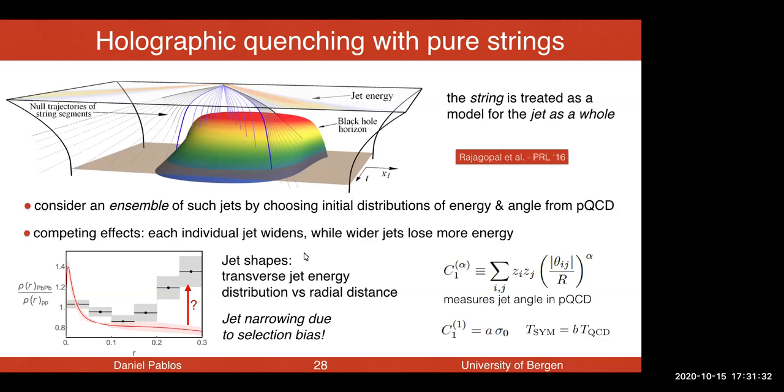But the wide jet is kind of pointing towards the black hole. The wider it is, the higher the inclination it has, so a wider jet naturally travels faster towards the horizon of the black hole. It's a cool analogy, and it's interesting that these guys managed to get this feature, which is a key feature of all jet substructure observables, by using this holographic setup. So even in holography, what we see is this selection bias.